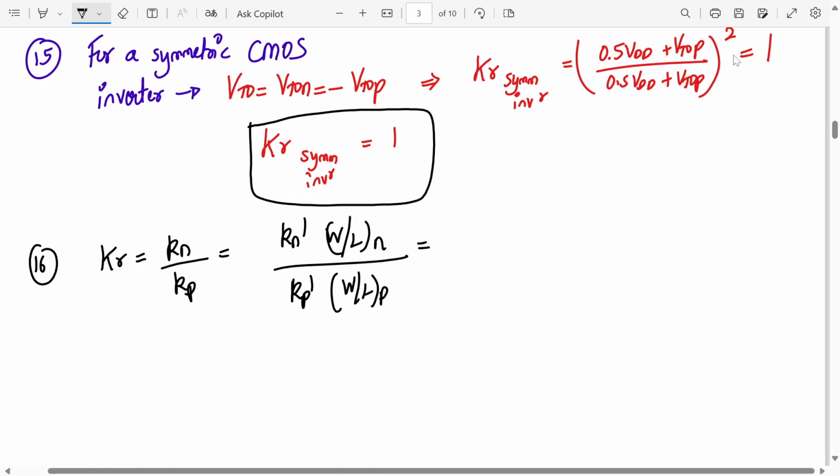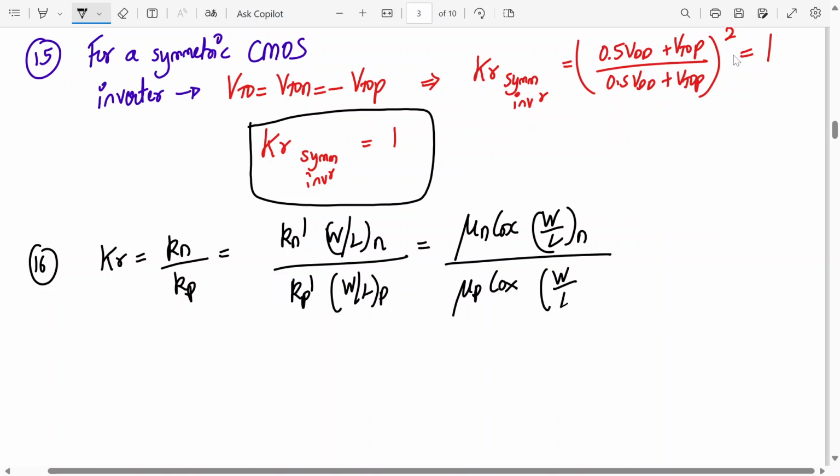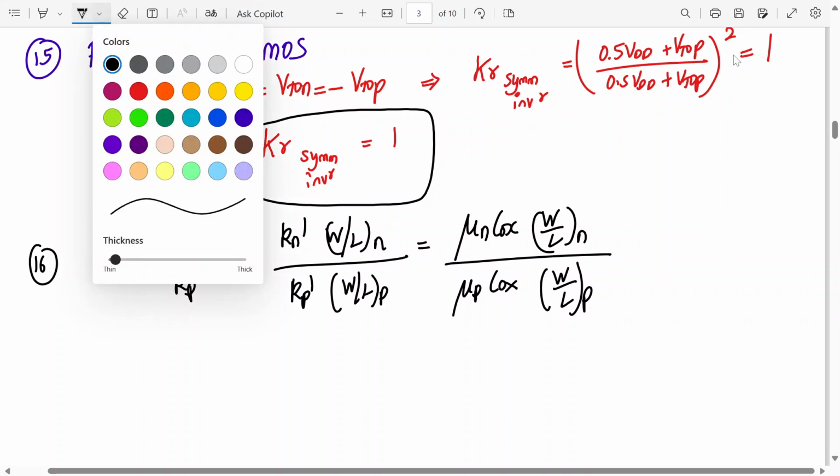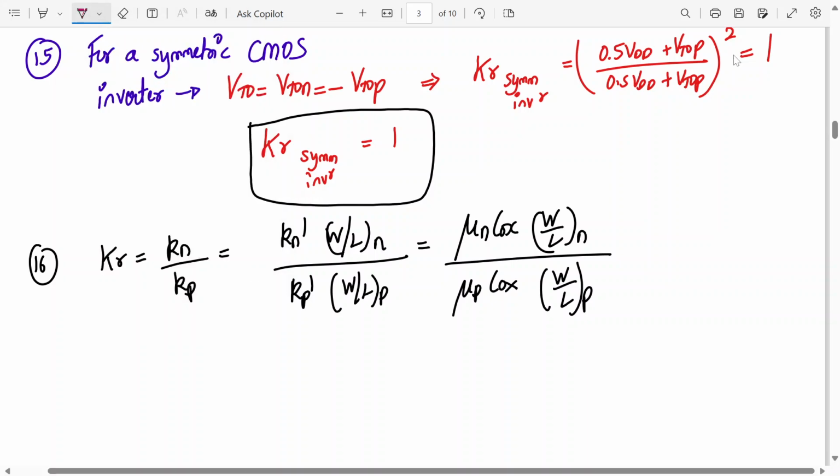But what is Kn dash? Mu N Cox W by L for NMOS, mu P Cox W by L of PMOS. Okay, what is mu P and mu N? Mobility.